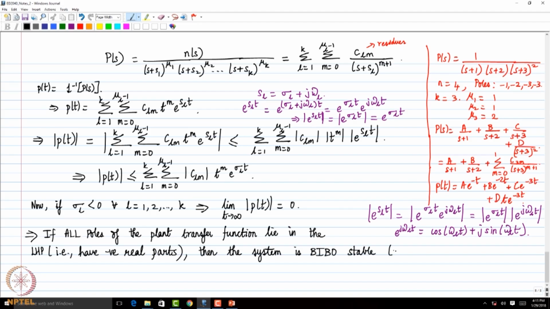Okay, some people will say it's asymptotically stable. We are going to shortly see what that is.